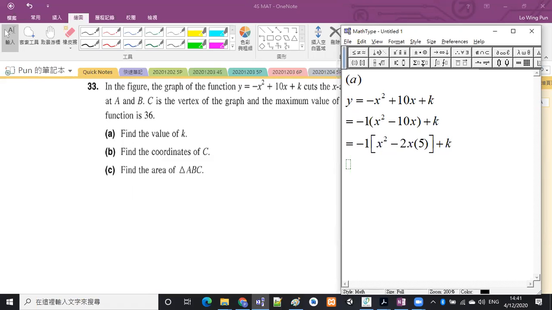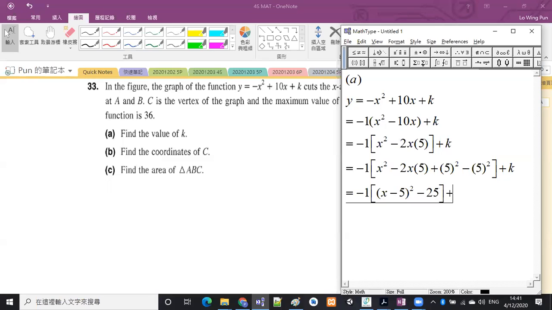And then plus k, and then add an extra term, x squared minus 2xy, and then plus y squared minus y squared, okay, and then plus k, and then the first three terms inside the bracket will form a perfect square, x minus y squared, okay, and then minus 25 plus k, and multiply the -1 back to the square bracket, becomes -1 times x minus 5 squared plus 25 plus k.